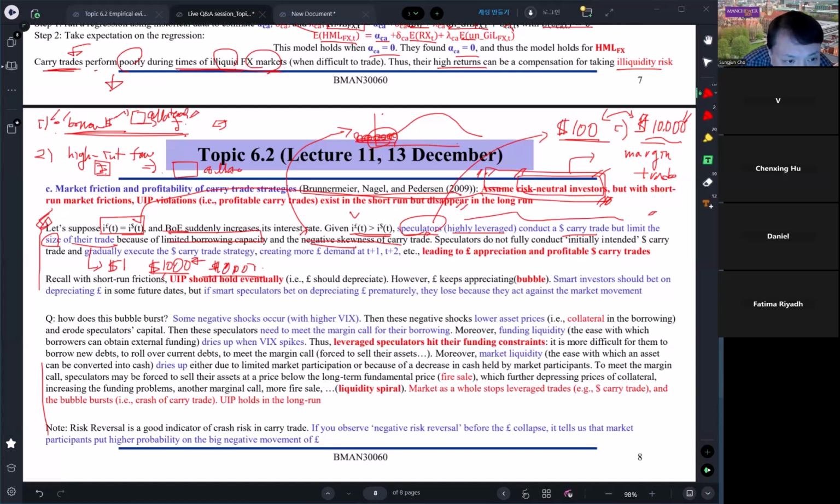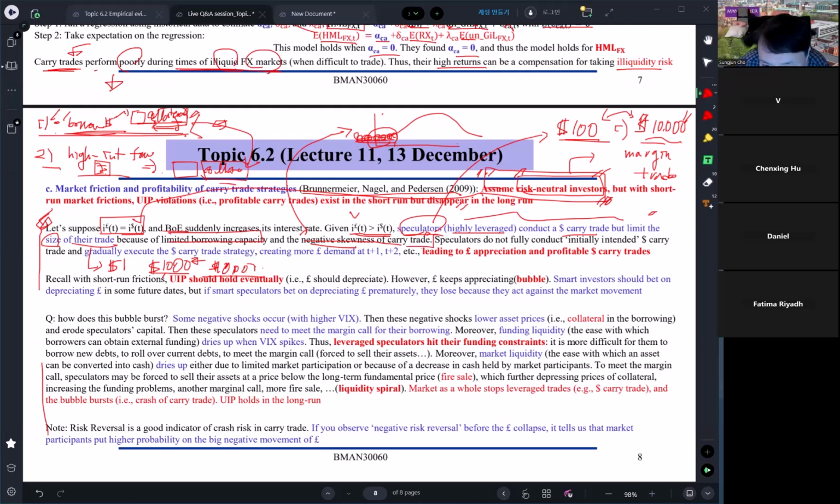In the textbook, we just say borrow dollar, convert, invest into pound, or we just say you buy high interest rate currency forward. But in real practice, when you borrow something, you have to put collateral, and even when you buy high interest rate currency forward, you have to put collateral. So this is the market friction. Given this collateral, we cannot implement carry trade fully.